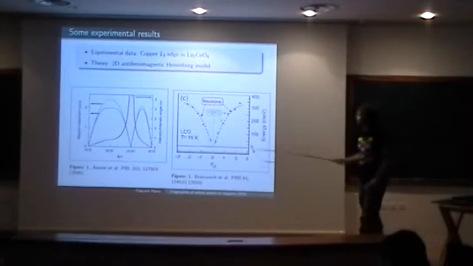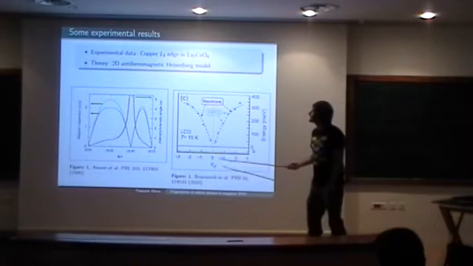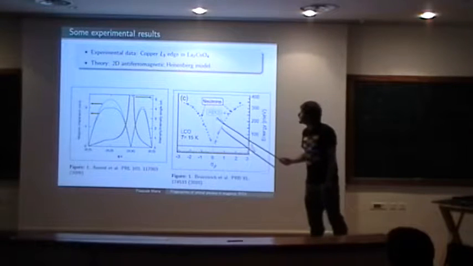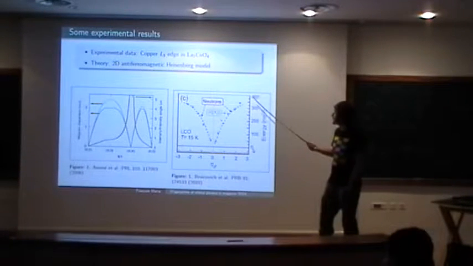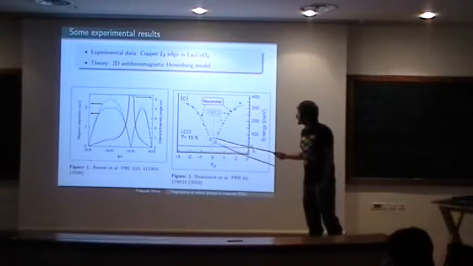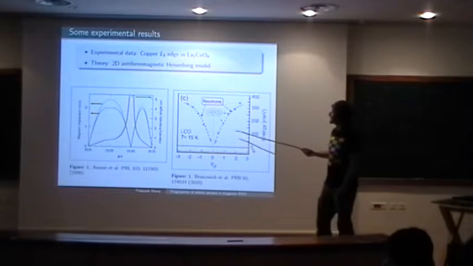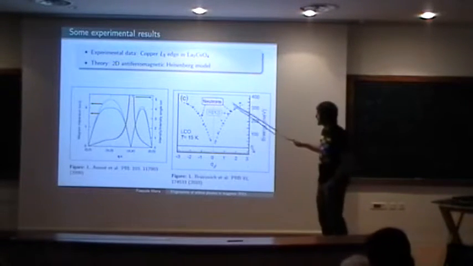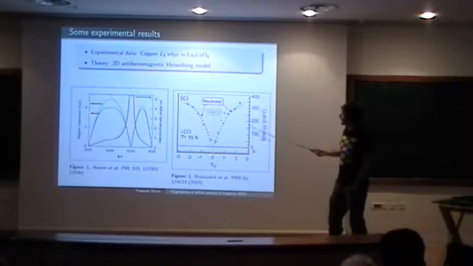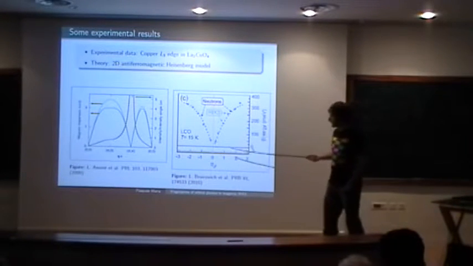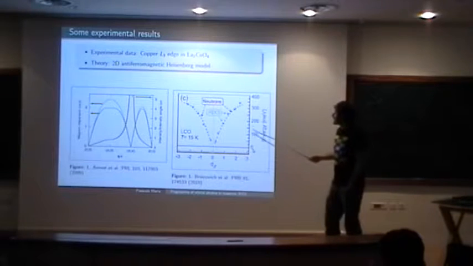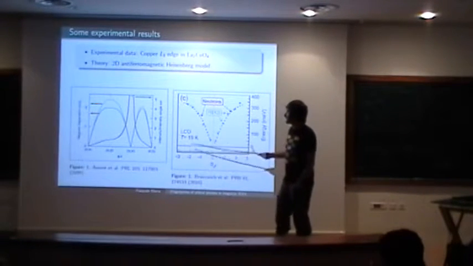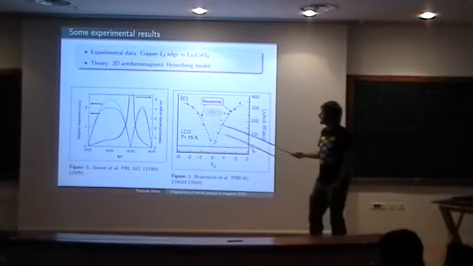Here I show some experimental data for lanthanum copper oxide. These are RIXS measurements at the copper L3 edge, compared with the neutron scattering data. Here we can see a theoretical description of this system.